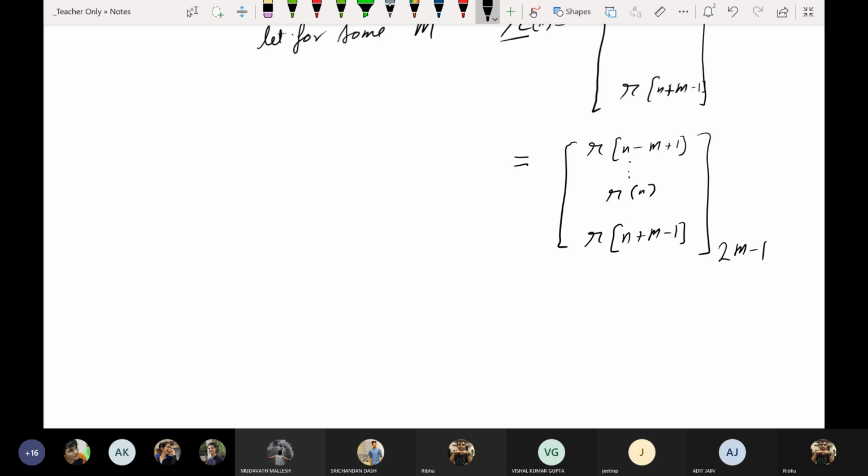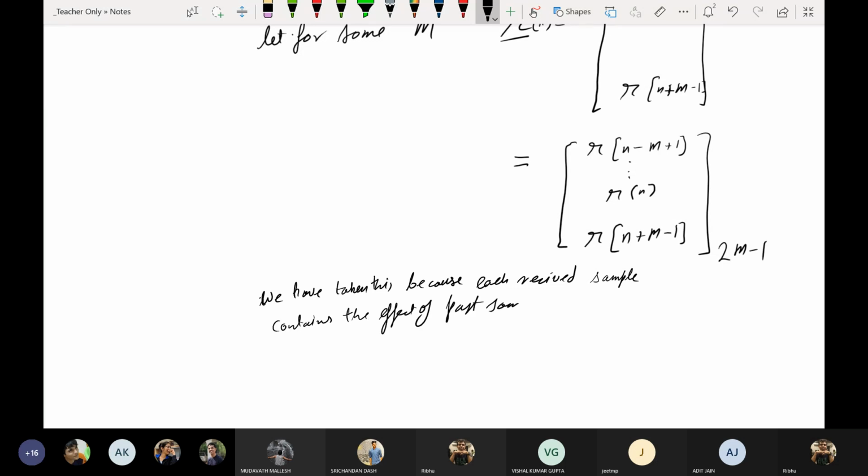Fine. And this we have taken because each received sample contains the effect of past samples and is affected by and affects future samples.